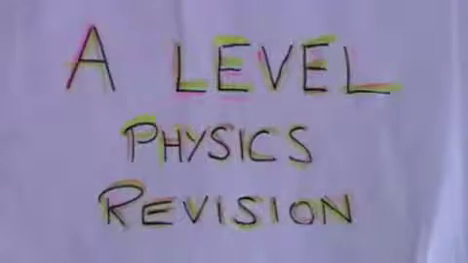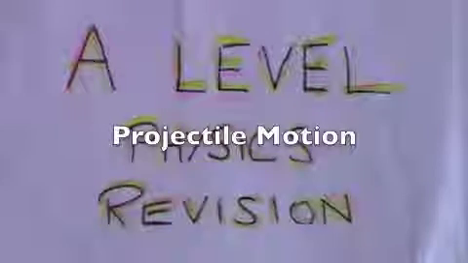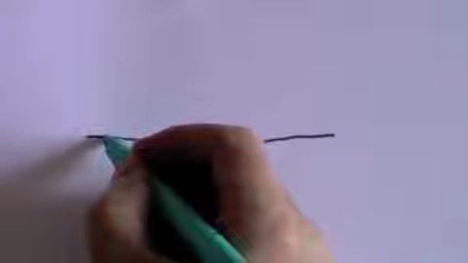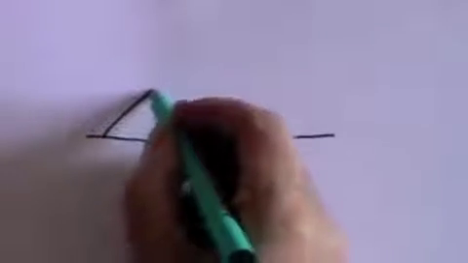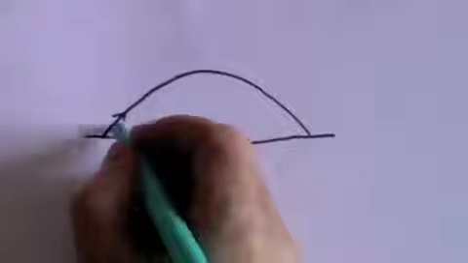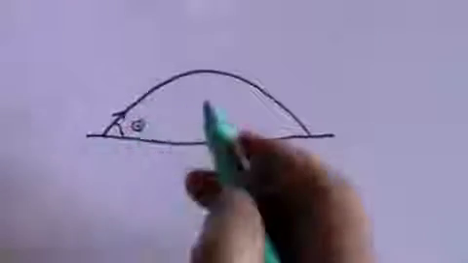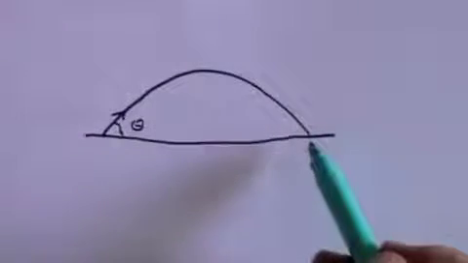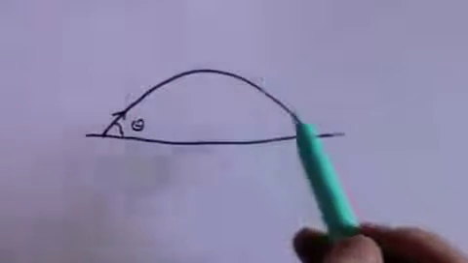Hello, today we are continuing in our A-level physics revision series, this time looking at projectile motion. What we mean by projectile motion is when you fire a bullet or a gun or a ball into the air with a certain velocity and at a certain angle theta, and the ball will cover a trajectory which looks something like this.